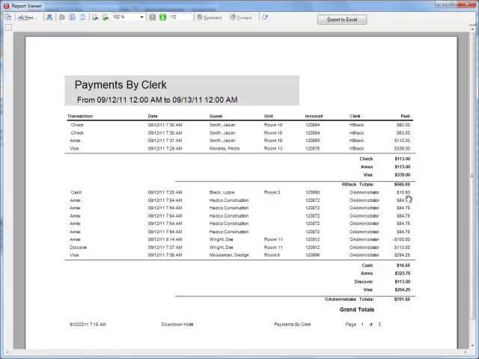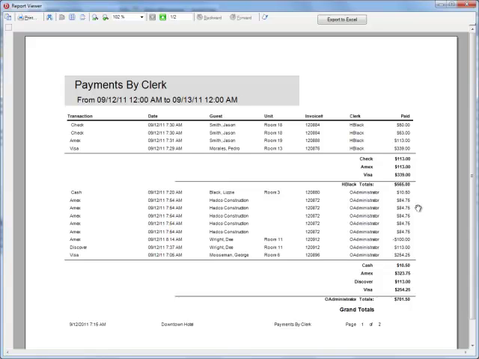For example, if you had 5 invoices that were direct billed and each was for $84.75, which would add up to a total of $423.75.